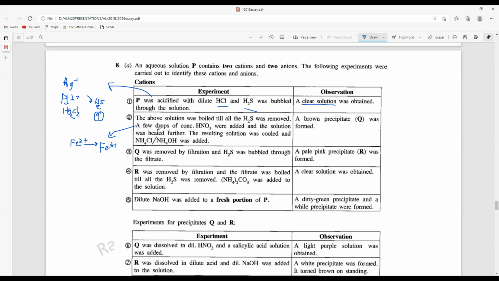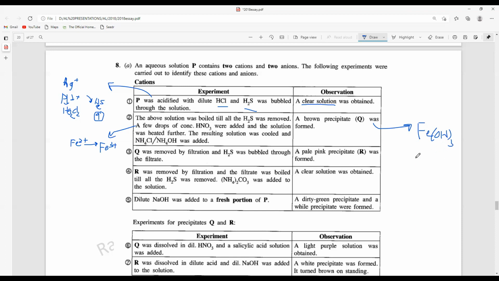So normally we add conc HNO3 to oxidize, and the solution was heated further. Yes, so we heat, then we add the buffer solution, and they have observed a brown precipitate. So this clearly gives the idea this should be ferric hydroxide, because in group 3 aluminium, chromium, and ferric hydroxides are formed.